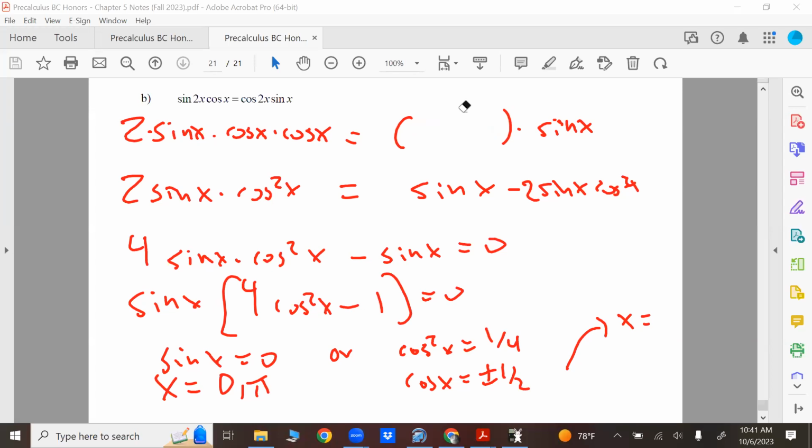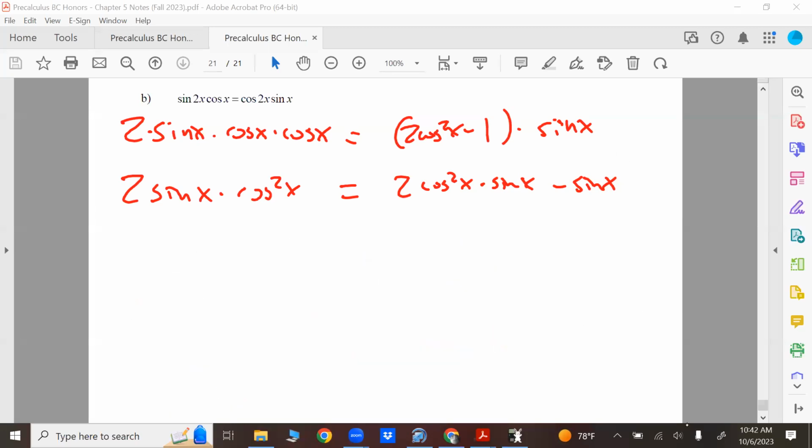Give me a sec here. Oh, yeah, because of the sine. I've done it too. You get sine x equals 0? Yeah. I overcomplicate it. 0 and pi.